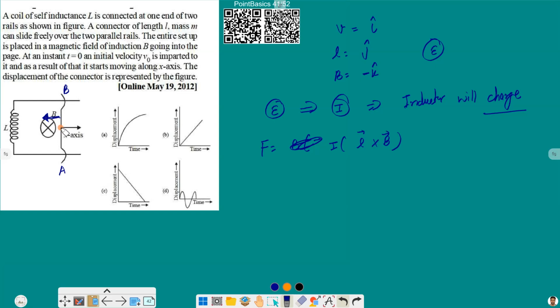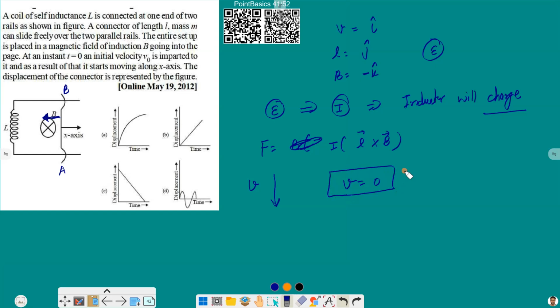Now initially we have given it some velocity, but there is no continuous force. Due to this opposite force on the conductor, the velocity keeps on decreasing, because this force acts as a retardation for the conductor, and finally the velocity reduces to zero.